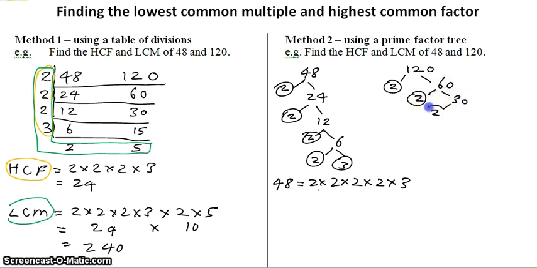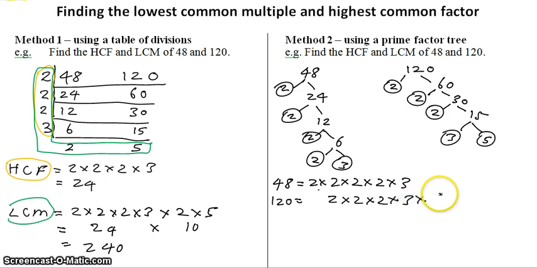Even number, divide by 2, a half of 30, 15. 2 won't go into 15, but 3 will. And there's 5 3s. All of those are prime, circle them all, and you end up with then 120 is equal to 2 times 2 times 2 times 3 times 5.